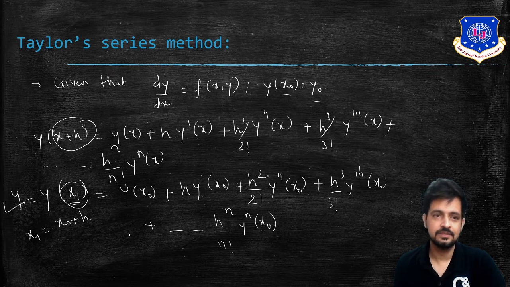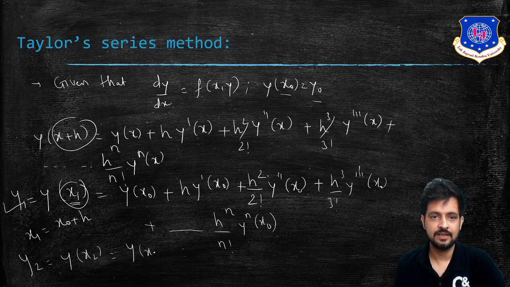So this is the formula for finding the first approximation y1. If I want to find y2, then what do I have to do? For y2, we have to replace x0 by x1. So you can write this formula.